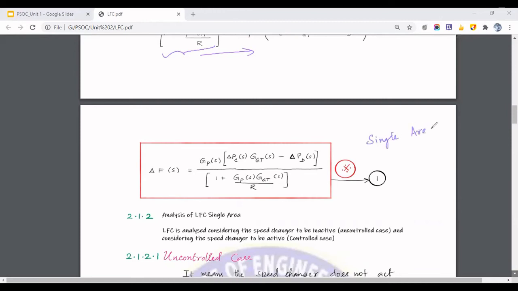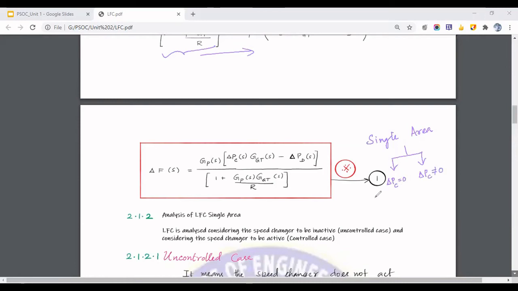Single area analysis will be done under two broad categories. One is where we have the effect of speed changer, and the other is when our speed changer is inactive. When the speed changer is inactive, delta Pc is equal to 0, and in the other case delta Pc is not equal to 0.